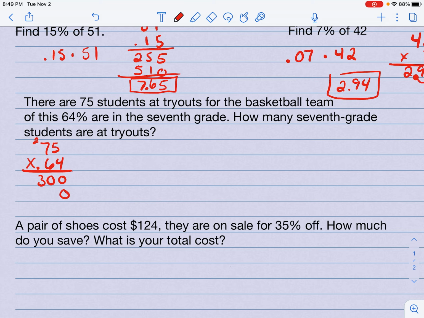Okay. 6 times 5 is 30, carry the 3. 6 times 7 is 42, plus the 3 is 45. It'll be 0, 0, 8, 4. And now we bring in our decimal 2, so it'd be 48 students are in the 7th grade. Okay, so once again, you're just converting the percent to a decimal and then multiplying.